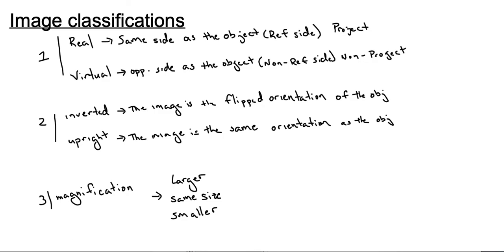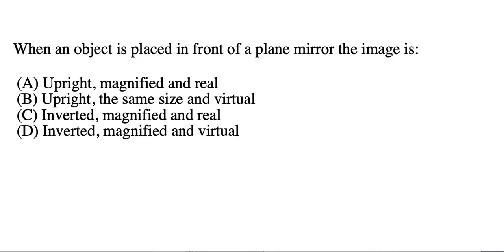All right, so we're going to wrap it up with 2 questions. First, when an object is placed in front of a plane mirror, the image is upright, magnified, and real; upright, the same size and virtual; inverted, magnified, and real; or inverted, magnified, and virtual. So take a second and try this.